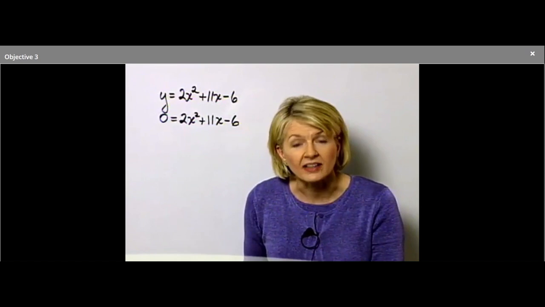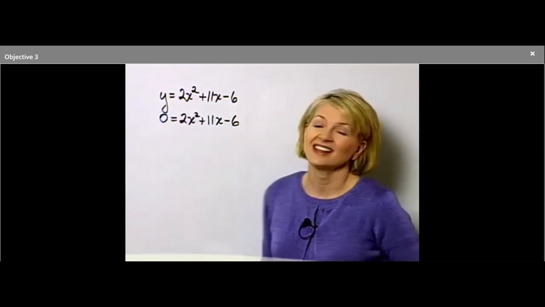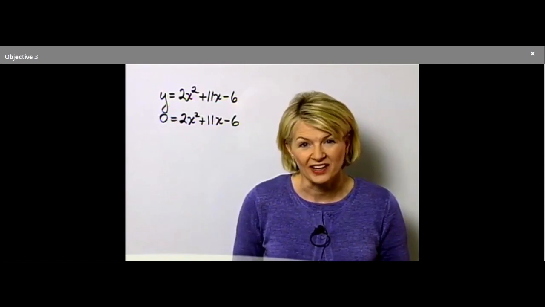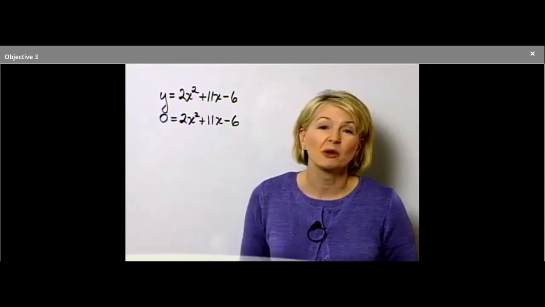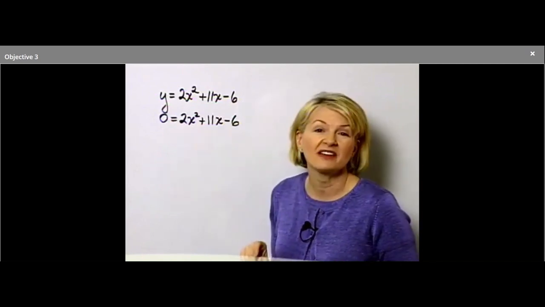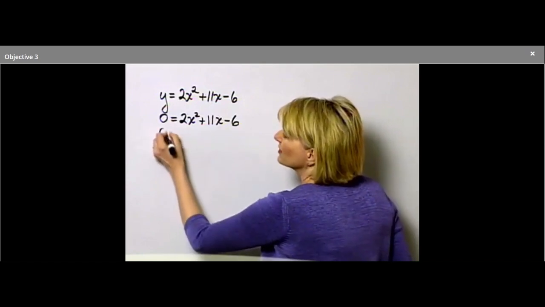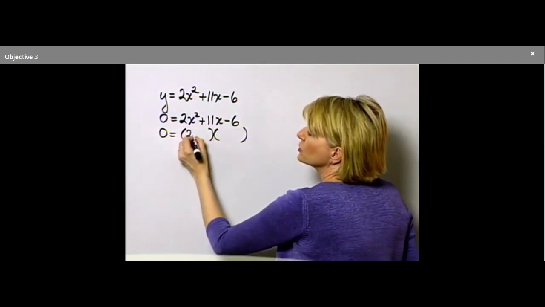So in finding the x-intercepts by letting y be 0, this leads to a quadratic equation. How do we solve this quadratic equation? We want 0 on one side, like we have, and then we want this to be a factored polynomial. So let's try and factor the polynomial.